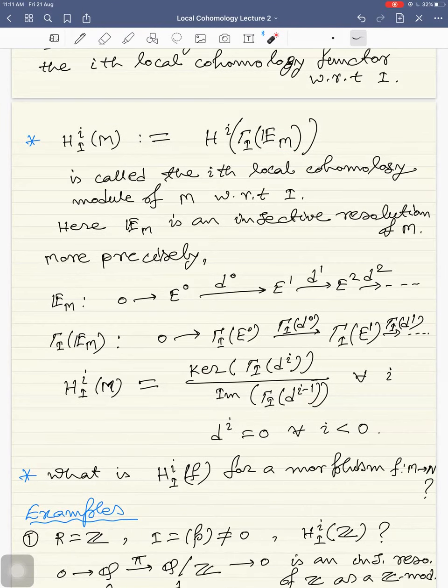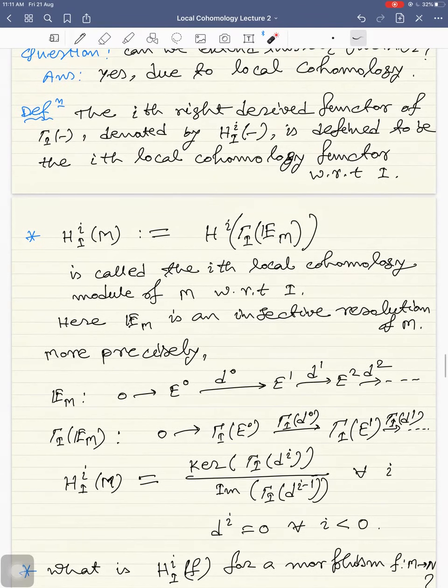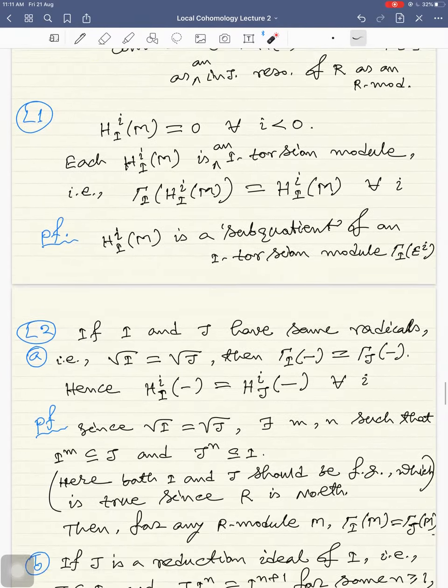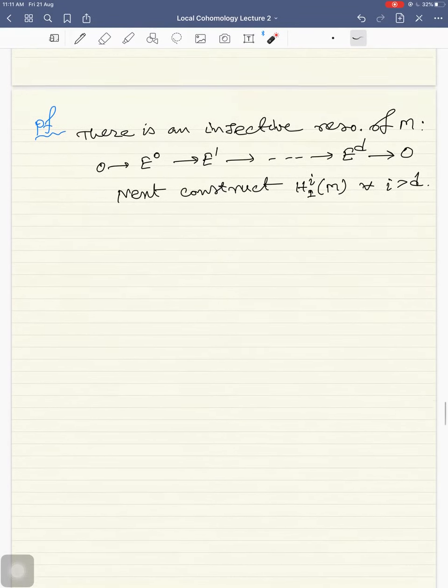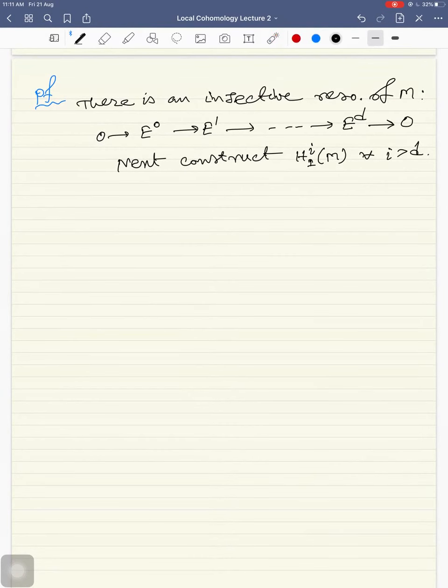And next, we should define this morphism for a morphism f from M to N. Then only this thing will be a functor, right? To prove all this, we need some preliminary results. So we will start with this proposition.